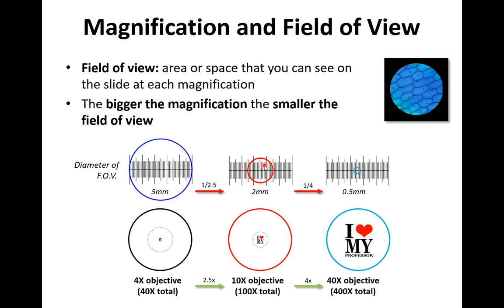Hence the field of view would have gone down further by 4 times. So from 2 millimeters we would have gone down to 0.5 millimeter. So the total increase here would have been 10 times from the 4 objective lens to the 40 times objective lens. And what you're looking at would have gone down 10 times as well. So from 5 millimeters to 0.5 millimeters.